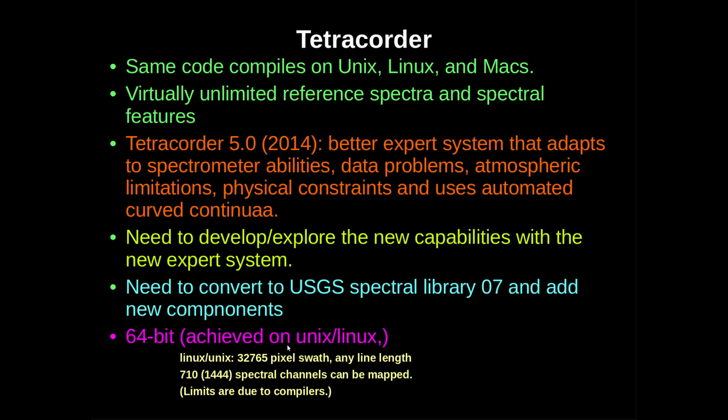The system is 64-bit, so we're pretty much unlimited on sizes. It's actually hard to go above 32,765 pixel swath width because image sizes are defined to be smaller than that. So we'd have to change the image formats that are output for all the reference spectra images with the gray level and so on.